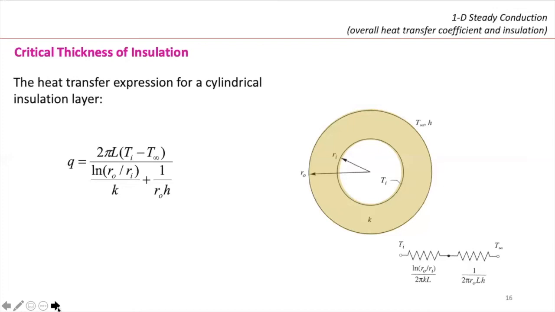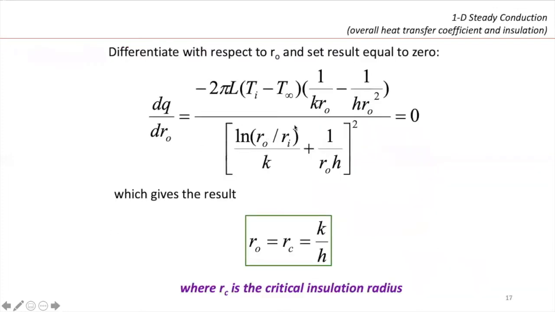So after differentiation, setting it equal to 0, we have the critical insulation radius is k over h, where r_c is the critical insulation radius.